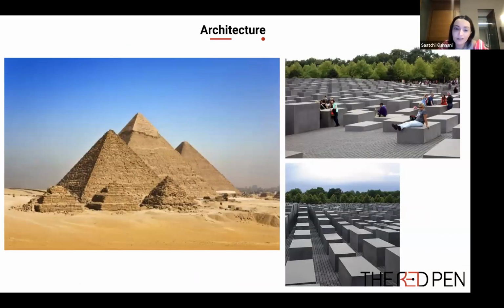Similarly here, we have the Giza pyramids on the left, and the memorial to the Jews by Daniel Libeskind on the right. They're both memorials, but again, the treatment is so different. The ethos that you're supposed to feel when you see these is memorializing the lost pharaohs on the left, and then again the Jews on the right.